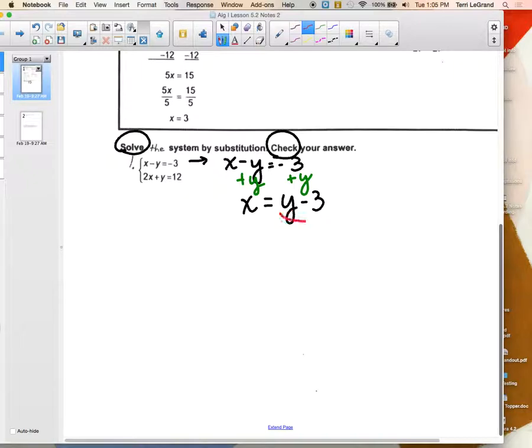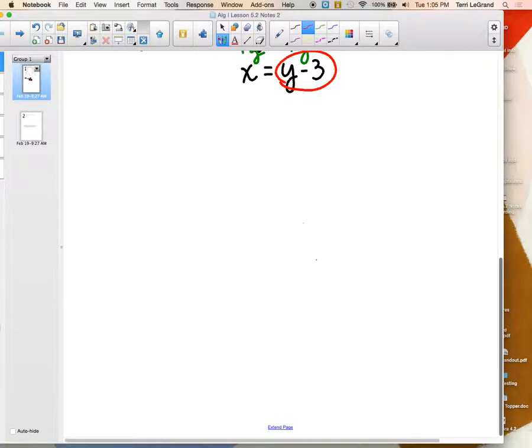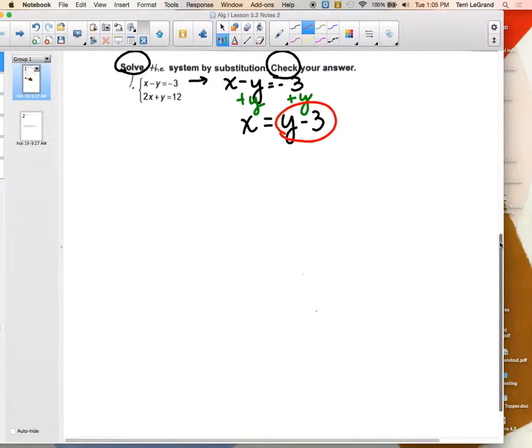We have our substituting expression. And remember, once we have that, we go to the first step of our problem, which is take the other equation, can't use the same one, take the other equation, and because this expression y minus 3 is really the same as x, we're going to sub it into that equation for x.